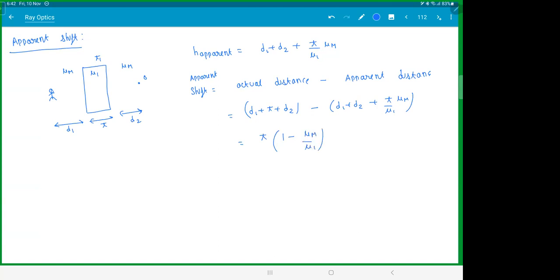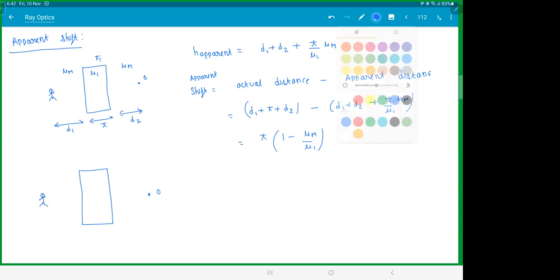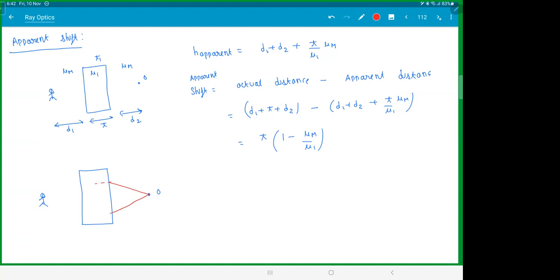What is this exactly? If this was the object and this was the observer, these light rays would go like this. They will go like this, and they will go like this. Not drawing properly. This person will think light rays are coming from O dash. Basically, he feels the object has shifted.